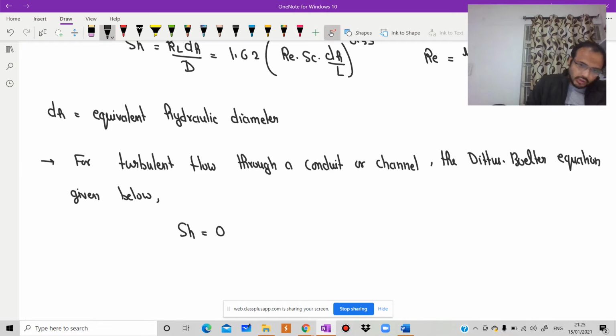Sherwood number is equal to 0.023 Reynolds to the power 0.8, Schmidt to the power 0.33.